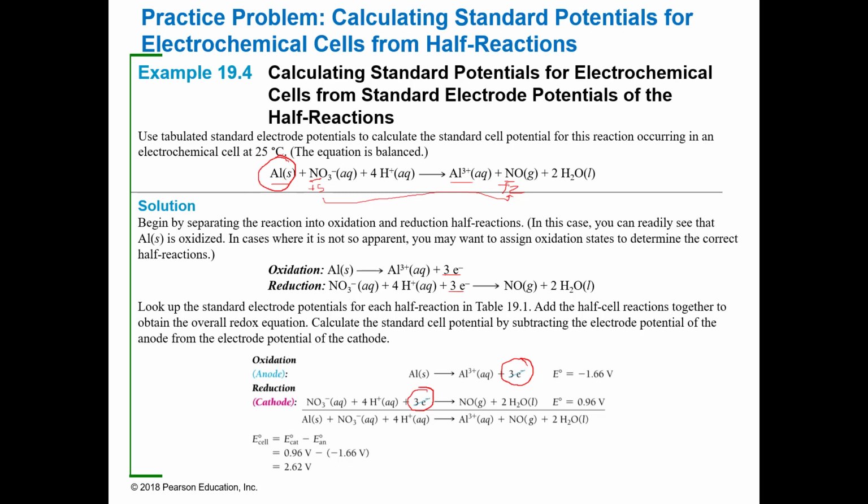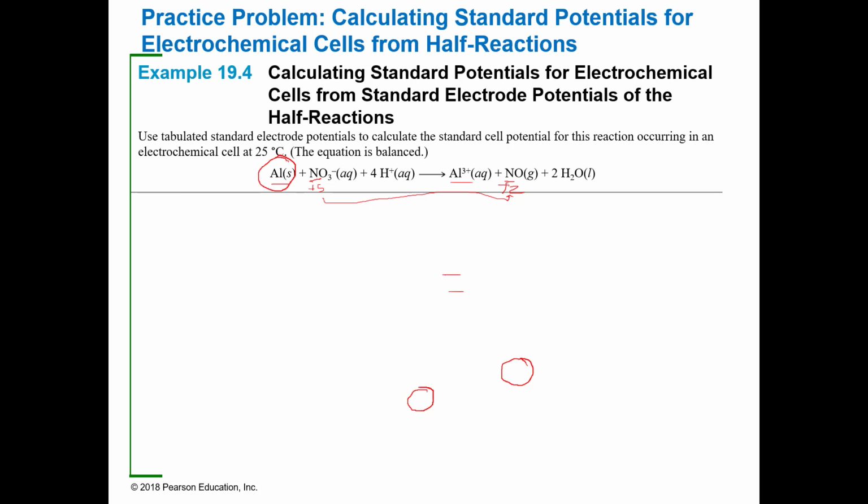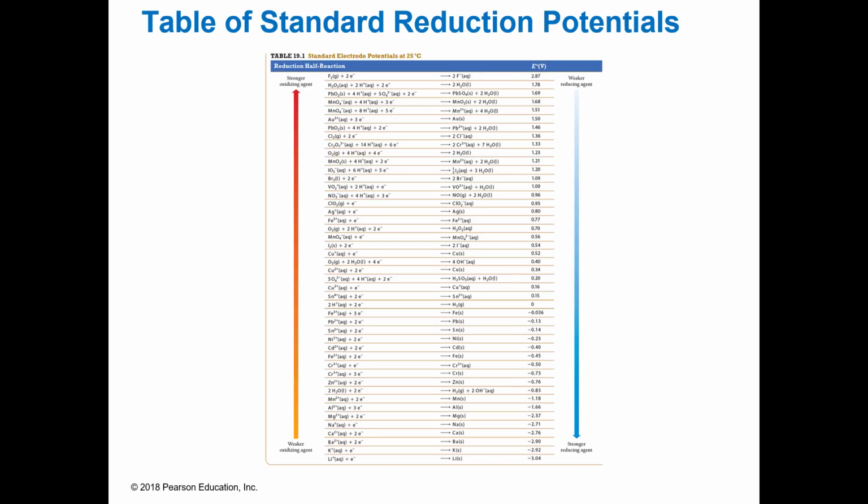All right, so it's E cathode, where the reduction occurs, which is 0.96 volts, minus E anode, and for the E anode you're looking at the standard reduction potential. Let's go back, because I find this is where students have a problem. Let's see if I can find it here.